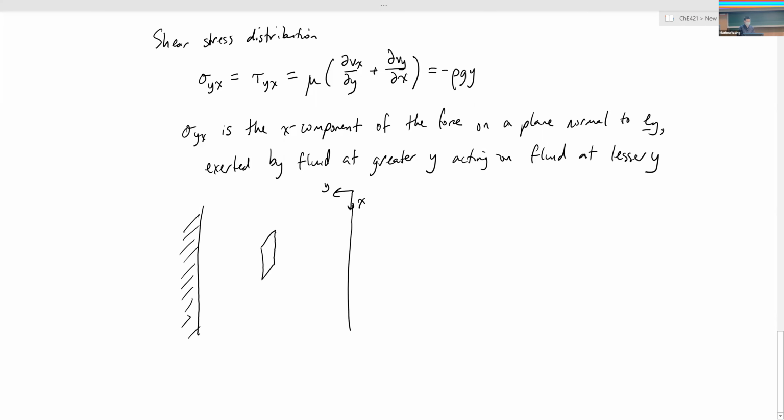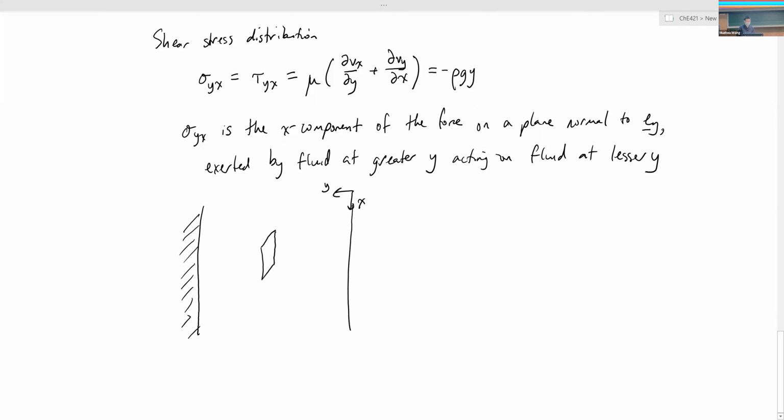Any ideas? It would just be the mass of the fluid to the right of this times g, right? F equals mg, okay? So the weight of the fluid to the right of, I'll say, a plane at position y, that's equal to, again, m times g, right?